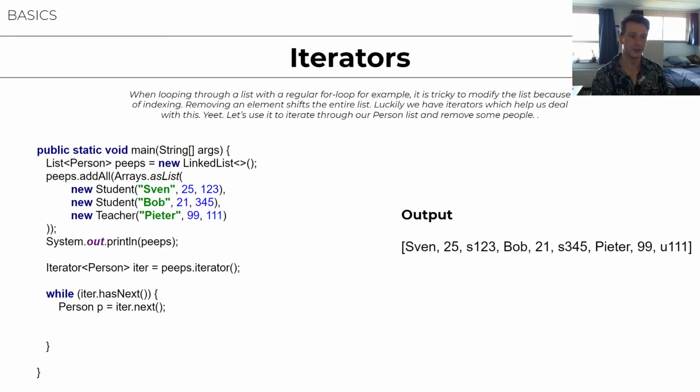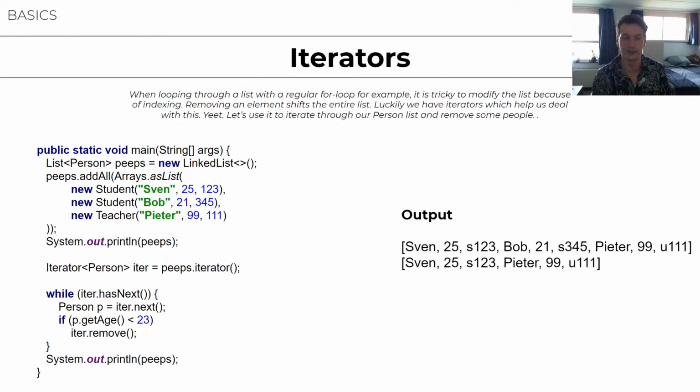And then after that, you can do whatever needs to be done. So in this case, I removed everyone that was younger than 23. So I said if p.getAge is less than 23, iter.remove. And then you see if I print out peeps, that it removed Bob, because Bob was the only one younger than 23 and cannot be in the list anymore.